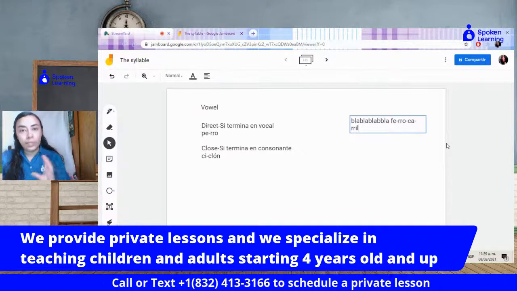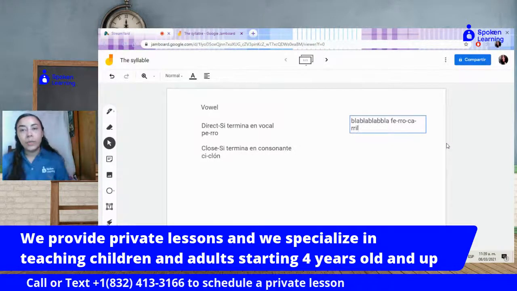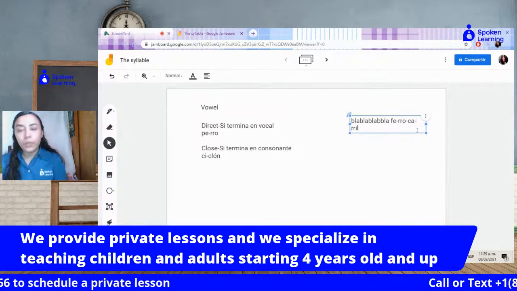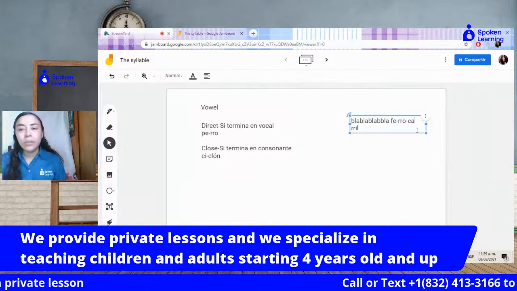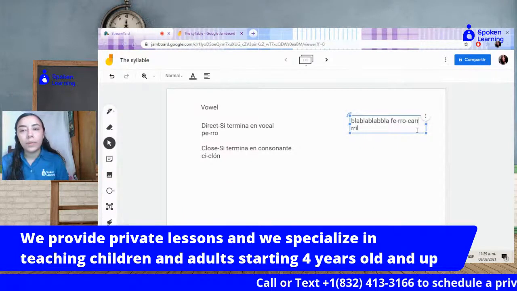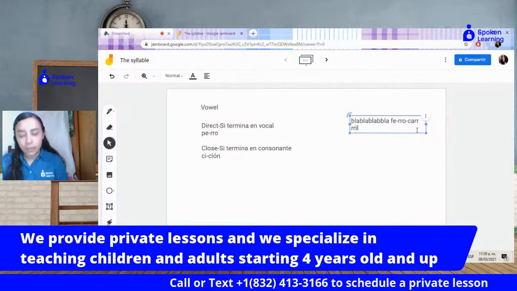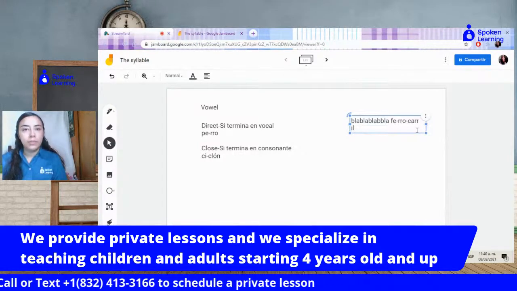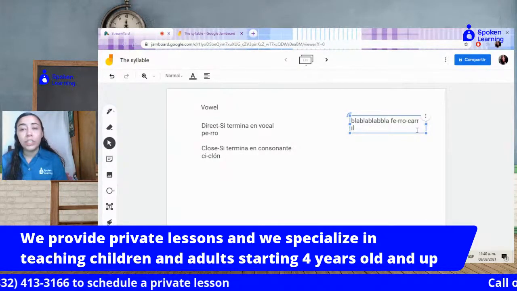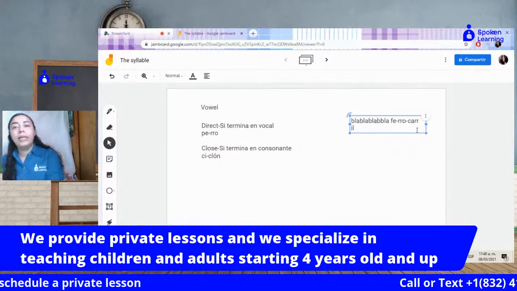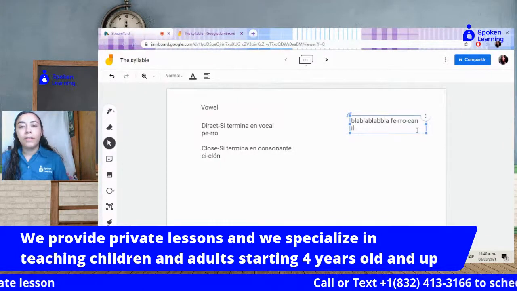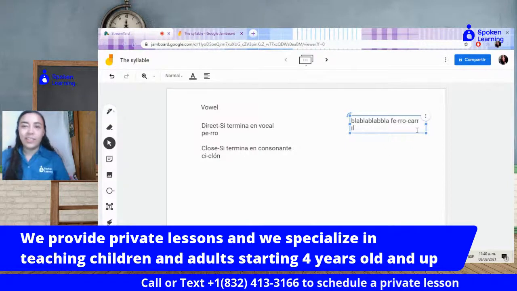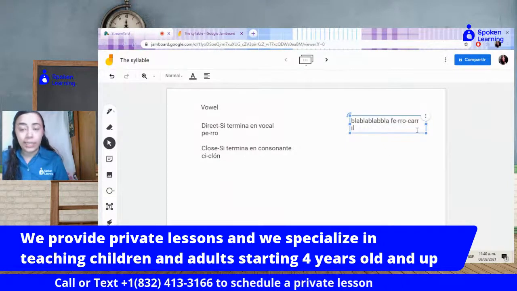That's the way we need to put downwards that part that we couldn't write in here, okay? It cannot be possible if you, for example, would like this. The correct division is fe-rro-ca-rril, not ferroca-rril. It cuts the word. Okay, so that's not correct.